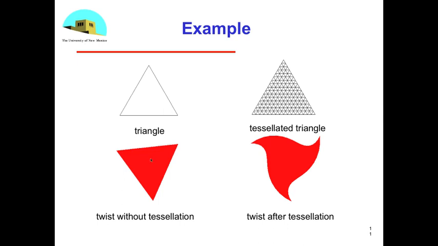So no matter how you apply the twist, the angle may change, but you're still going to get something that looks just like a standard triangle. So the trick here is to tessellate that triangle and convert it into a number of smaller triangles, and then apply rotation to the vertices of each of those other triangles, and then fill the thing again.